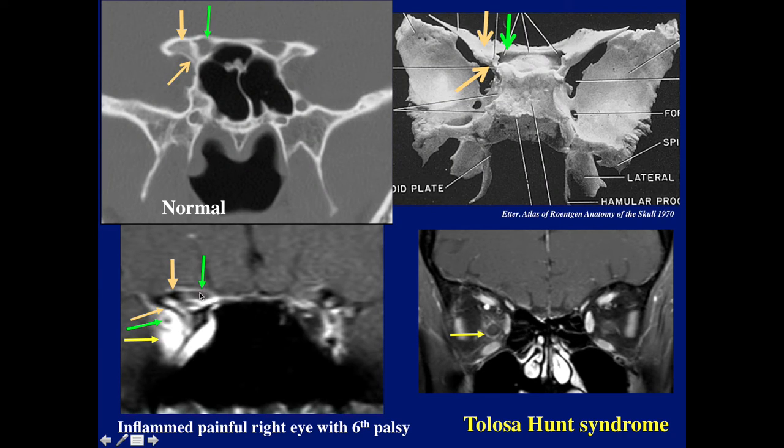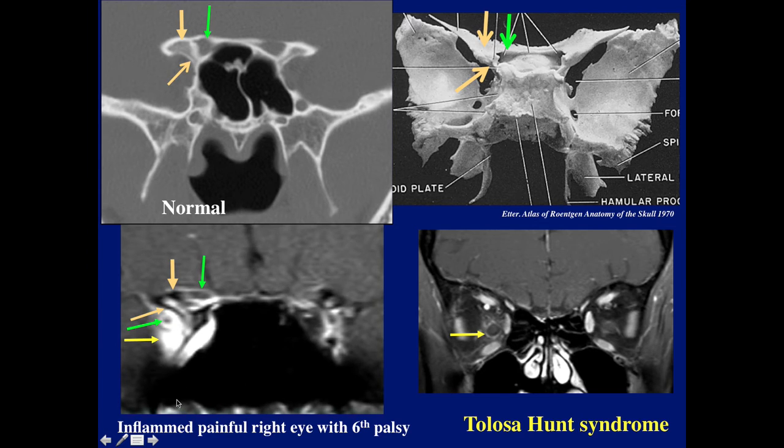And also the marrow within the clinoid shows a little bit of enhancement compared to the opposite side, and significant enhancement within the superior orbital fissure, and we even see here the third nerve again.